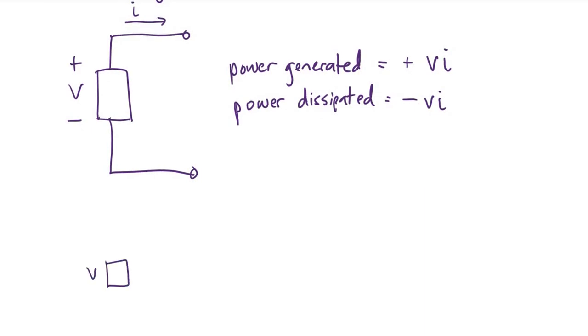Now let's look at the counter example. So similar setup, and now what we have is a voltage sink instead of a voltage source. So it's dissipating power from the circuit.